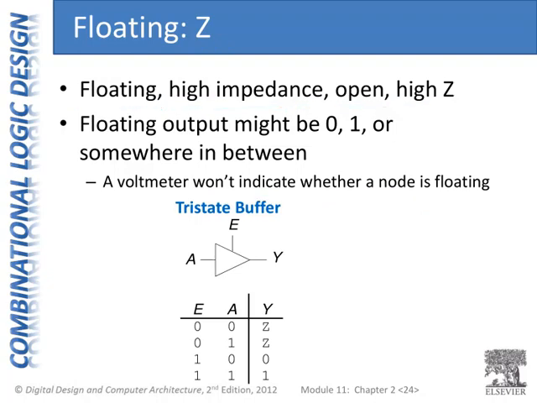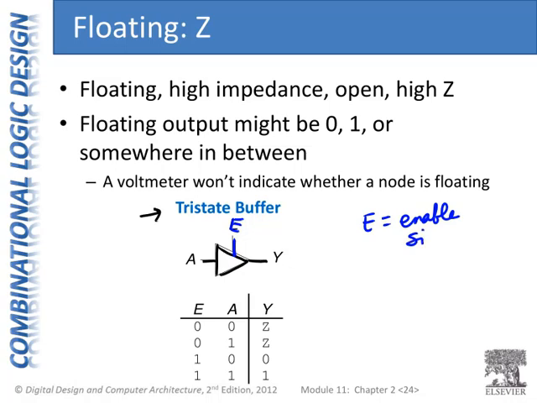A circuit that we use related to this floating output is a tri-state buffer. It's called a tri-state buffer. Well, it looks like a buffer, this triangle symbol with an input and an output, but it has this extra signal up the top called the enable signal, E. E is an enable signal.